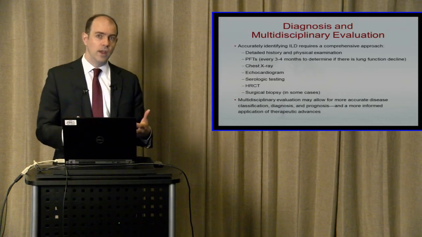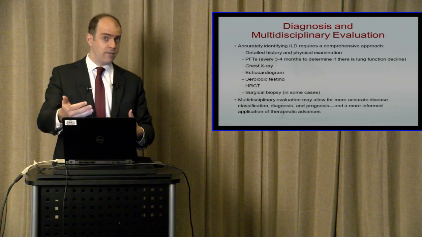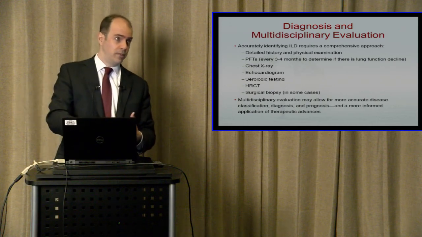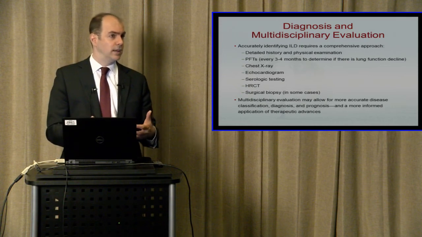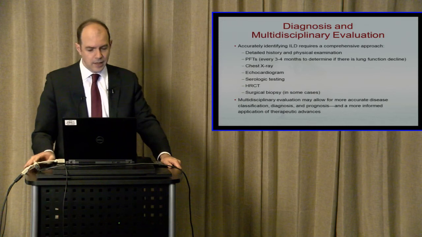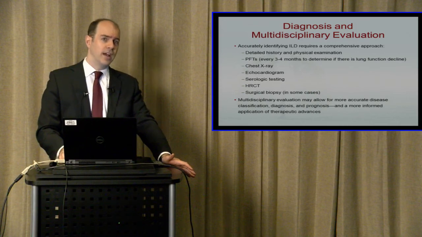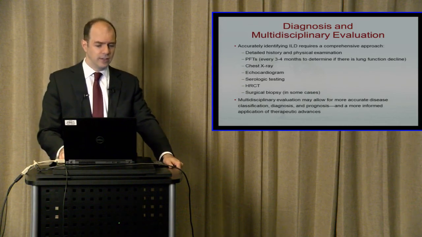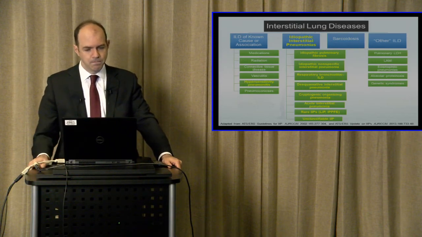So it turns out that when you put the pulmonologist and the radiologist together, and if you have a biopsy, then also trying to loop the pathologist in, the diagnoses become more accurate, and at least people tend to agree more when you have them communicate. So for many patients, that's an important part of the diagnosis. As I said, if you can't figure it out with the pulmonologist and radiologist discussing it, a biopsy in some cases is really important.